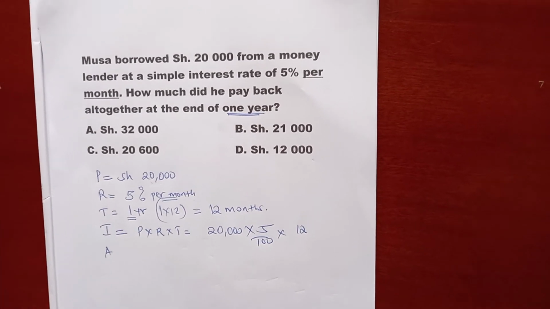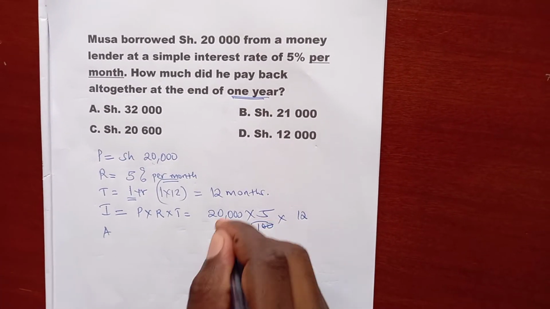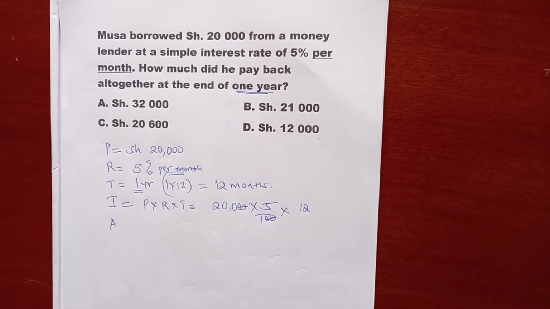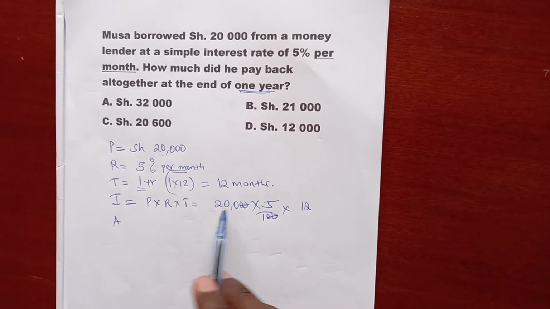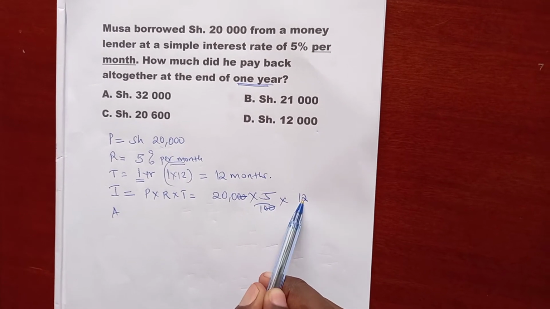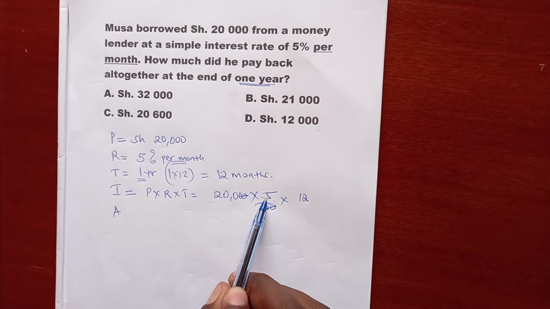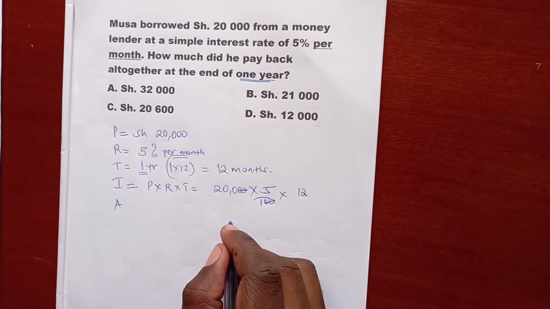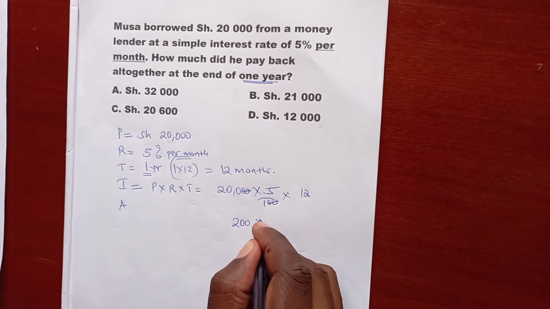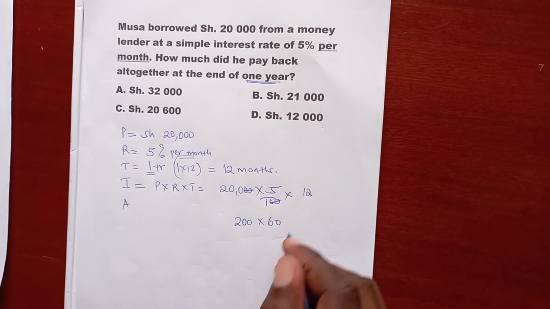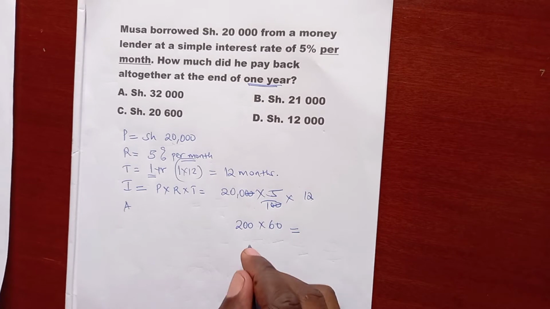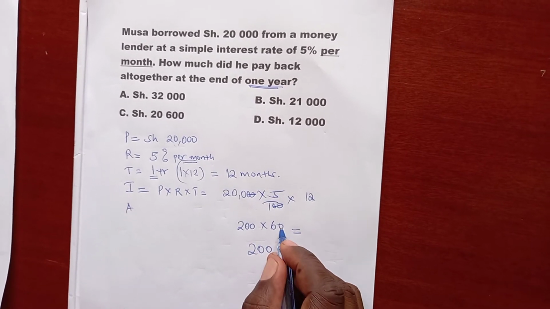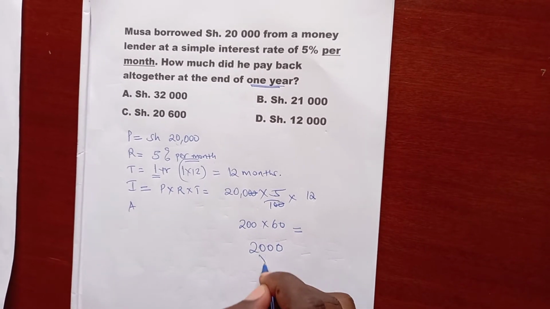We cancel where possible. By zeros go, by zeros go. We use the wrong method of multiplication. We multiply 5 times 12, learners, that is a mental sum. 5 times 12 gives us 60. So it will be 200 times 60. Learners, we use the wrong method of multiplication. 200, we place the 0 there, we multiply by 6.